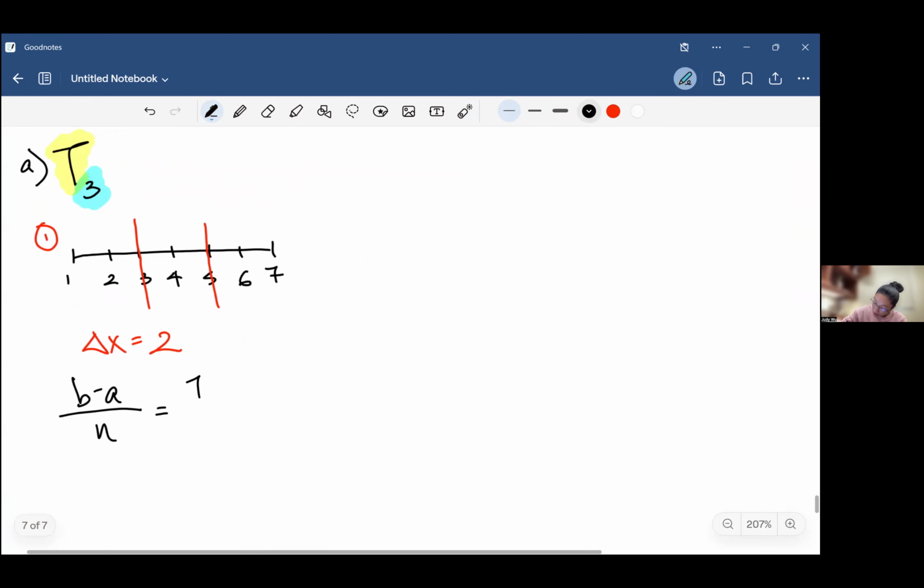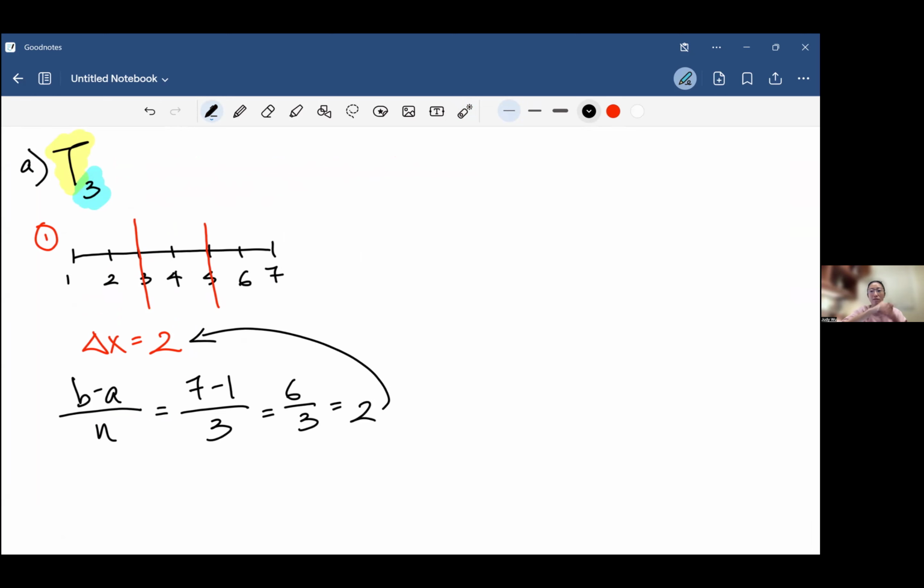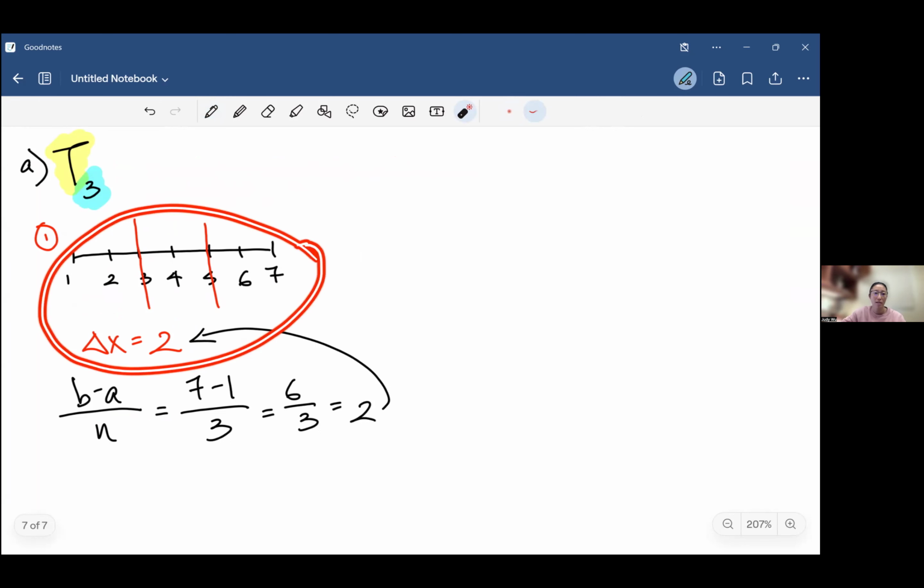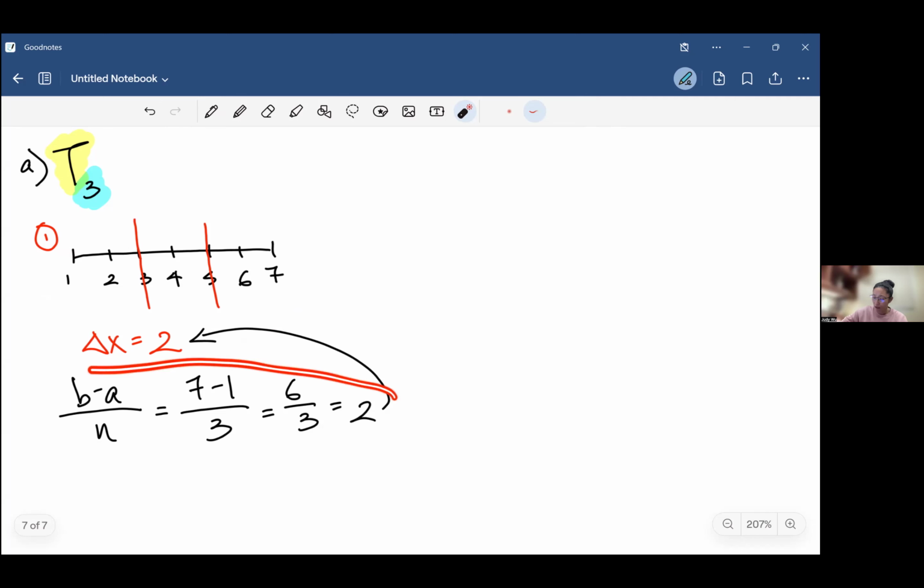So 7 minus 1 over 3, that gives me 6 over 3, which is exactly the same as if I draw a number line and cut it into even pieces, okay? So I would pick one of these methods. If you like the number line, use the number line to find delta x. But if you don't like the number line, you prefer a formula, then use that formula, okay?